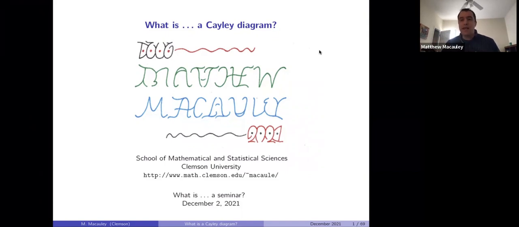So I have a book that's about 400 pages written, probably out of 600. And there's a lot of different visual techniques or objects that I use, not just Cayley diagrams, but cycle diagrams, Cayley tables, and subgroup lattices.